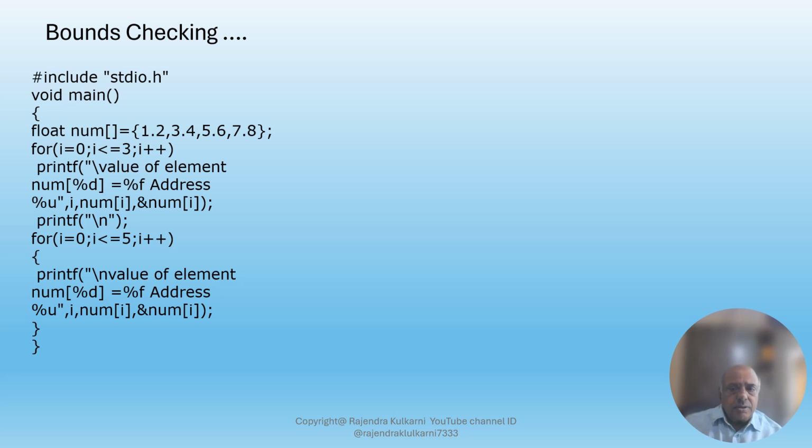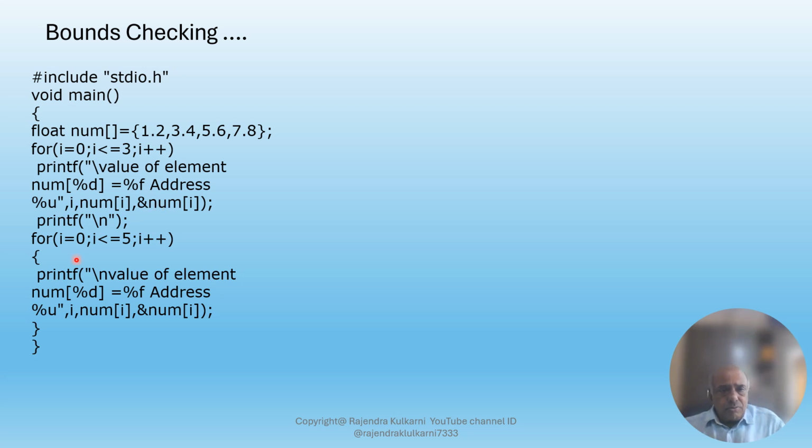The float array num is initialized with 4 float constants, then a printf statement which gives us the value stored at each array element and the address of those elements.